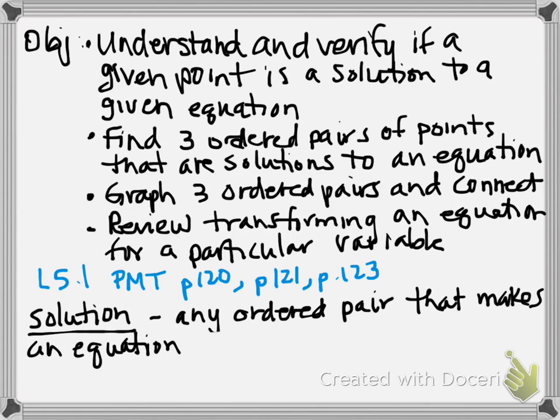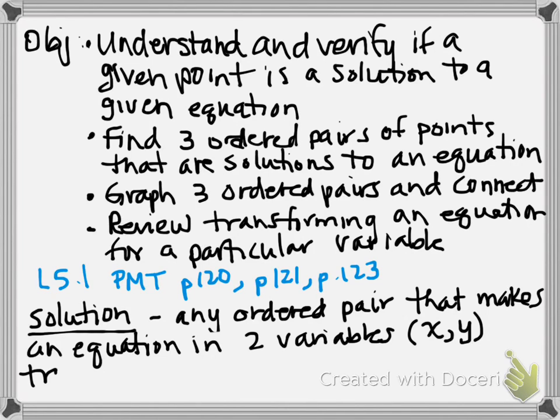Any ordered pair that makes an equation in two variables, and the two variables tend to mirror what we have on our graphs, x-axis, y-axis, tend to mirror what's in our ordered pairs, an x-coordinate and a y-coordinate. So I'm going to write here x, comma, y. Okay, they're both going to show up in your equation. So any ordered pair that makes an equation in two variables true.